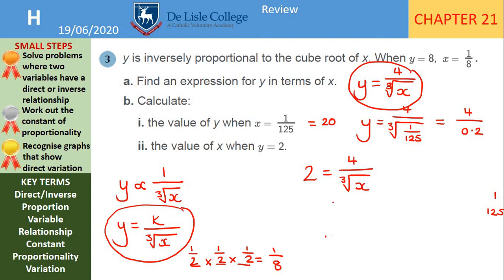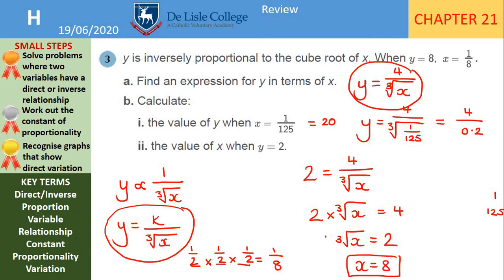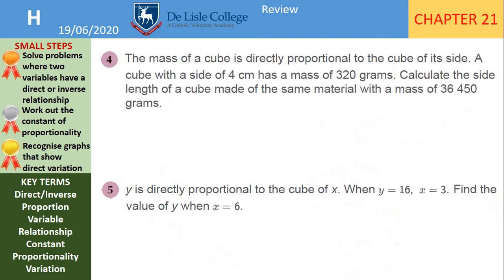I'd multiply up by my cube root of x. I've got 2 lots of the cube root of x is equal to 4. Divide by 2, so the cube root of x is equal to 2. To undo the cube root, I want to cube, so x is equal to 8.